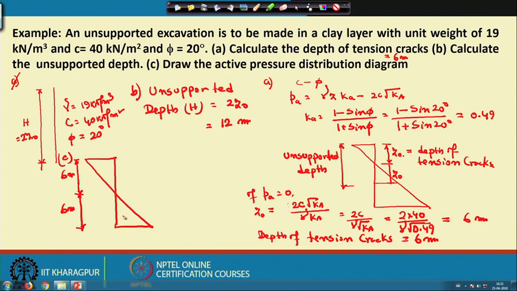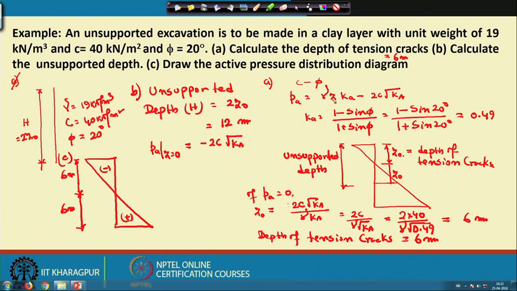This portion is positive earth pressure, this portion is negative earth pressure, and we can calculate the negative earth pressure value: Pa at Z equal to 0 will be equal to minus 2c root Ka.